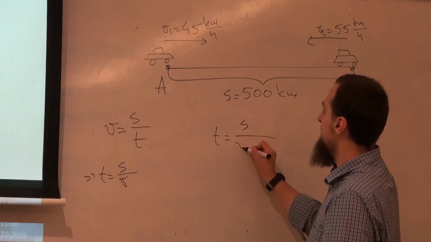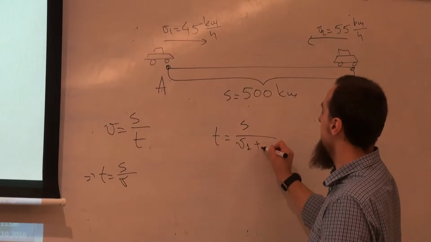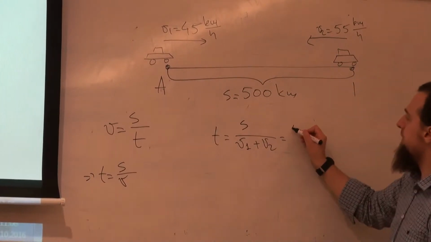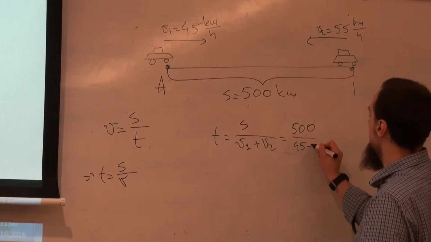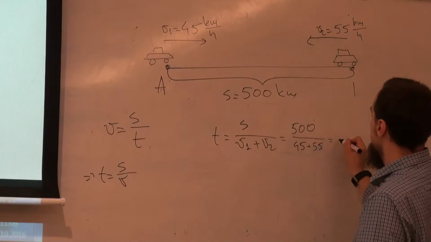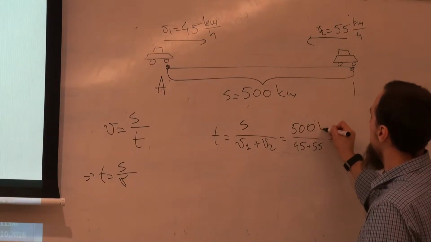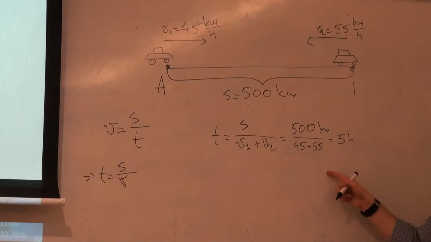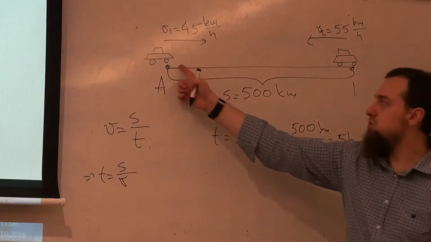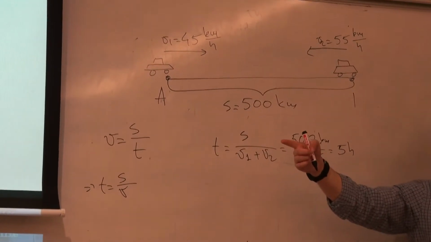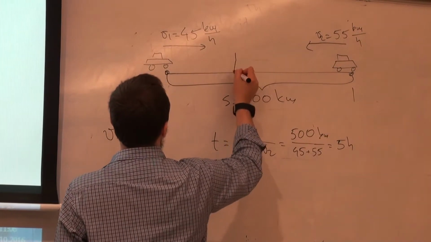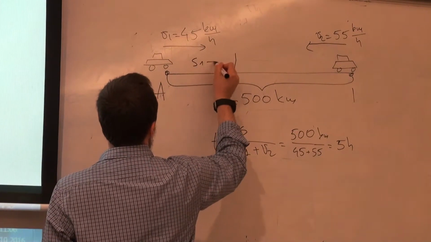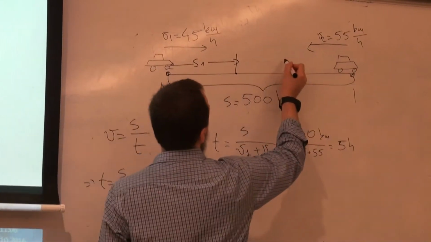The meeting time will be S divided by V1 plus V2, and this is 500 divided by 45 plus 55. So this is after 5 hours, because these are kilometers and these are kilometers per hour, okay? So they will meet each other after 5 hours, meaning that this guy has traveled 5 hours, this guy has traveled 5 hours. And where is the meeting point? It's here somewhere. So let's call this S1, and this one is S2.